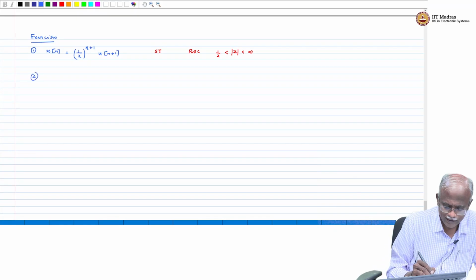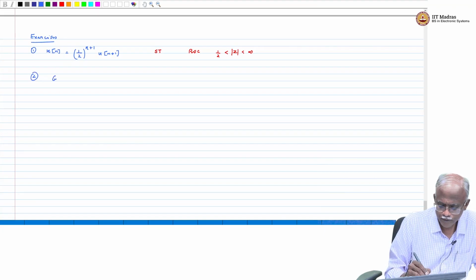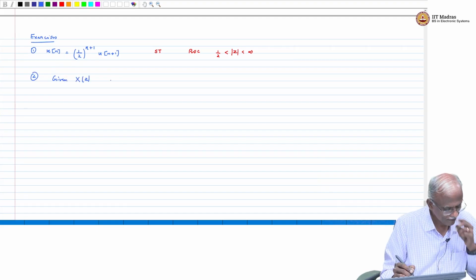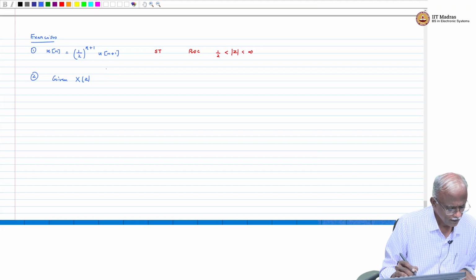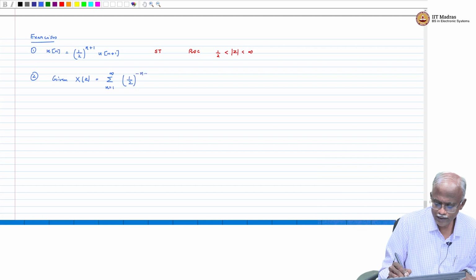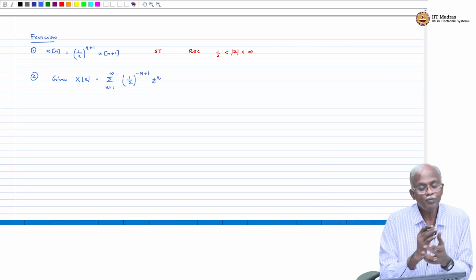Second example. We are given x of z equal to summation n equal to 1 to infinity of (1/2) raised to minus n plus 1, z power n. We are given the expression for x of z.